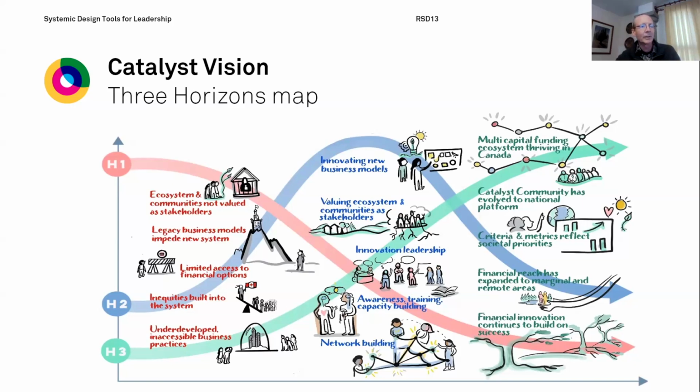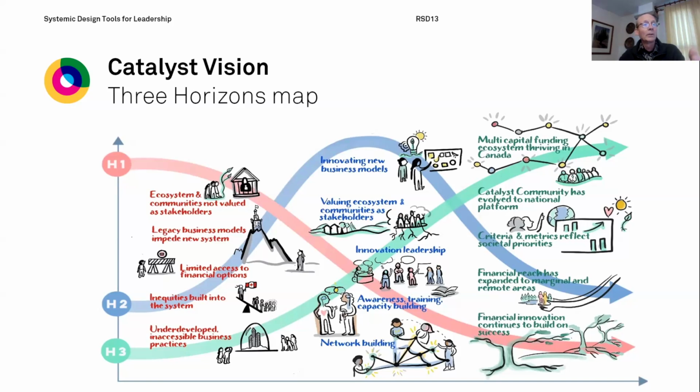So there's some competition over the next few years between existing financial services and some of these new concepts. And there's limited access for smaller organizations and community organizations to some of the new financing, and inequities are built into the system as well that we also have to transform in Horizon 2.